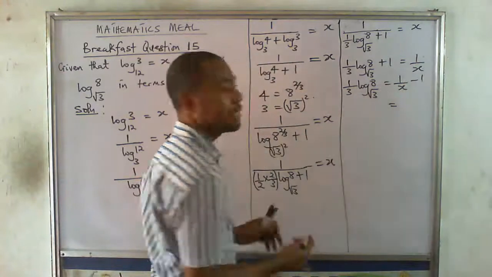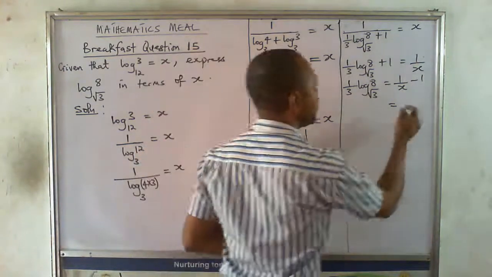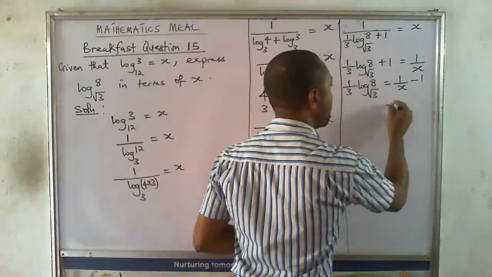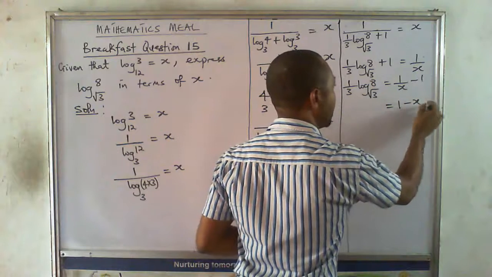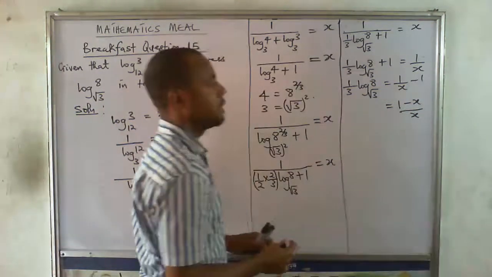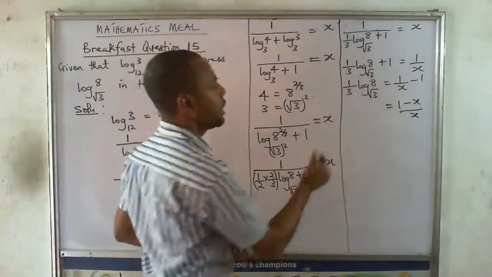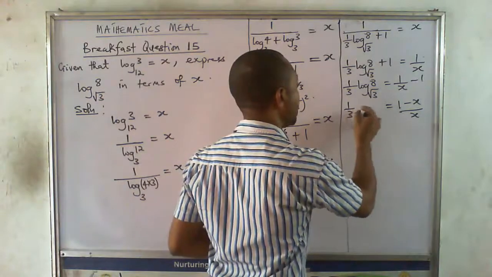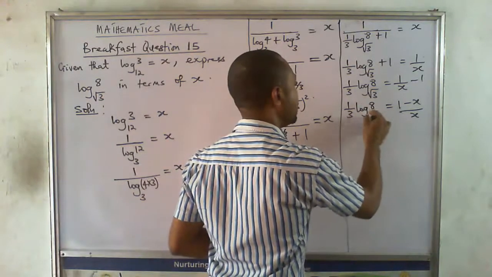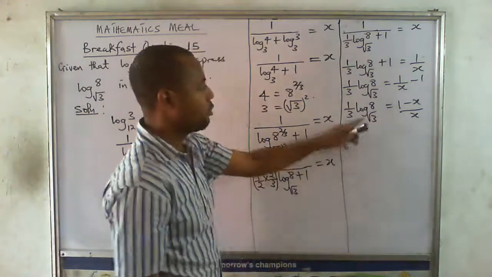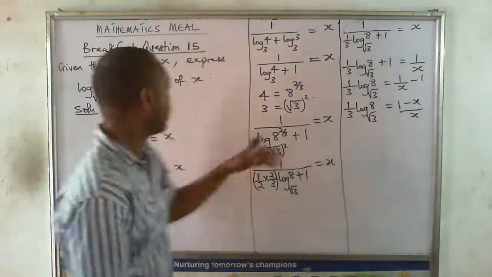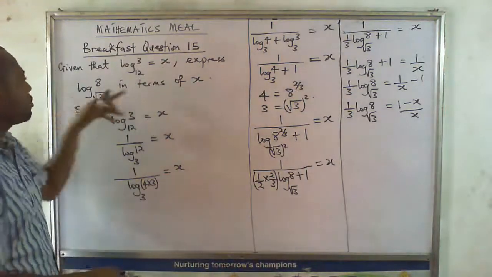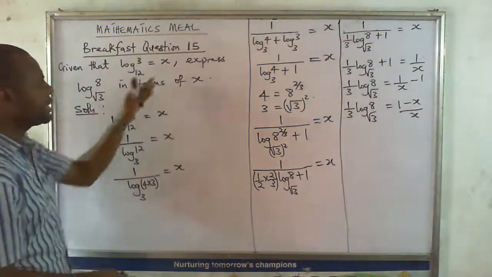And 1 over x minus 1 will give me 1 minus x over x. That's what I'm going to have. Then I have 1 over 3 log 8 root 3. Now, to make log 8 root 3 the subject, because that's our interest, we have to express log 8 root 3 in terms of x.